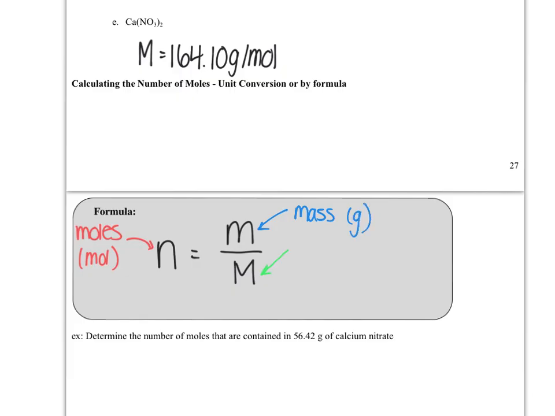And we divide it by big M, which we just finished calculating, and that's our molar mass. A molar mass is measured in grams per mole. When we solve this equation, when we divide our mass by the molar mass of that compound, we can find out the number of moles, or the number of particles almost, that are there.